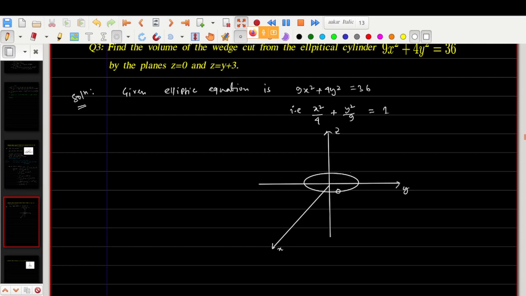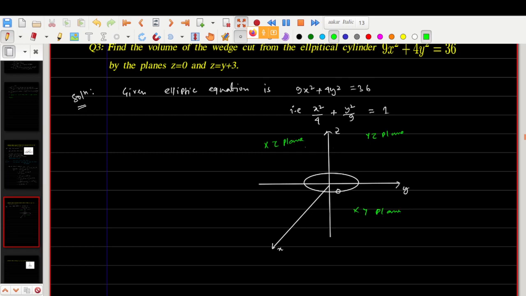This ellipse lies in the xy plane where z equals 0. This is the yz plane, this is the xz plane, and this one is the xy plane.